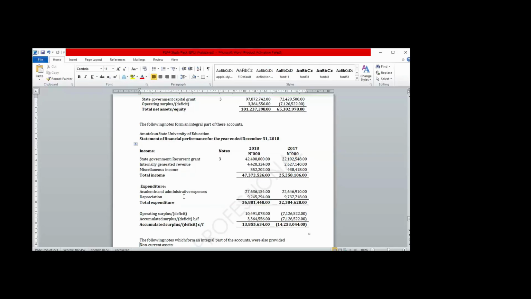And can we also see the depreciation for the year? 909,245,294. That is the only non-cash item in the question. Do you understand? Now, all these are meant to be considered in order to move to the next level.